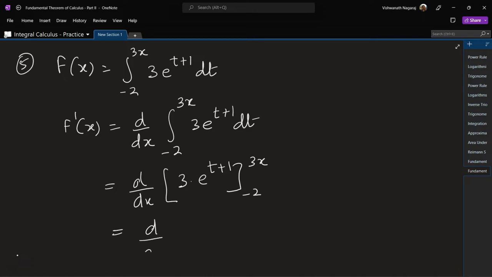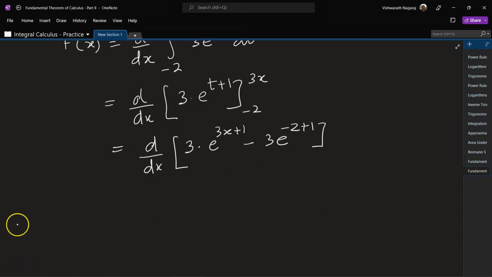So this becomes d by dx of 3e to the power of 3x plus 1 minus 3e to the power of minus 2 plus 1. So what do we get now? d by dx of 3e to the power of 3x plus 1 minus 3e to the power of minus 1.